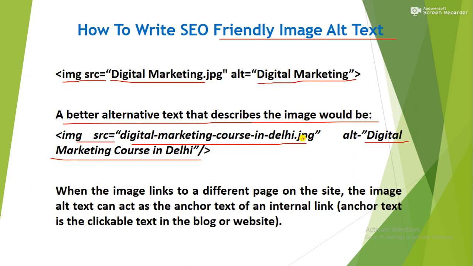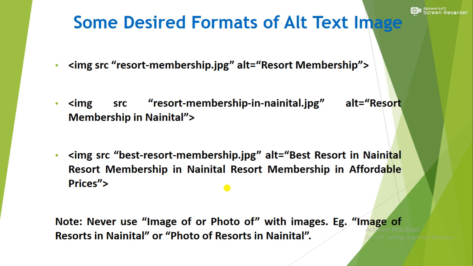You have to give that alt text which provides meaning to your blog and to your image both, because Google should understand what your image actually represents, right guys? It will help Google in indexing your image. So you have to keep this in mind and be very careful about that, right guys?